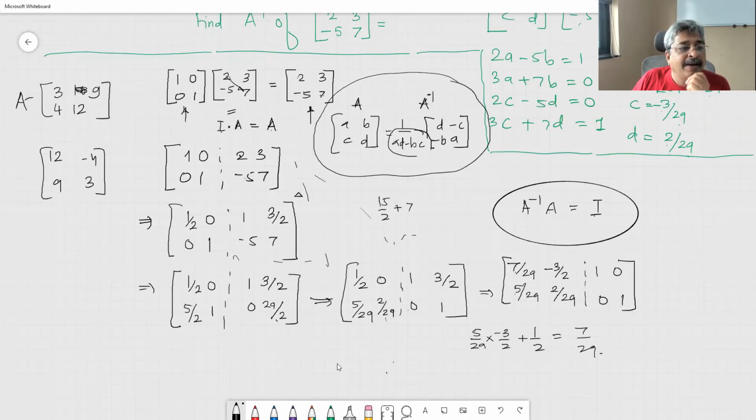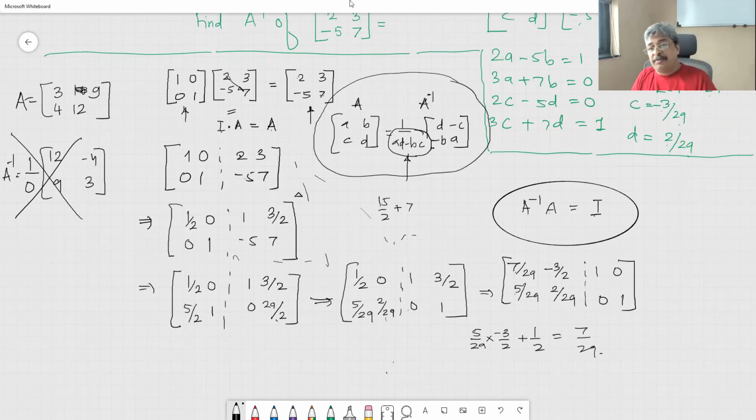If you say so, it is wrong, because you are supposed to put 1 upon 0 here, and the moment you put that, this is wrong. Therefore, AD minus BC is a watchman sitting there, whether you make a mistake or not. Therefore, you should remember the formula like that: 1 upon the determinant of A into D, A, minus B, minus C.